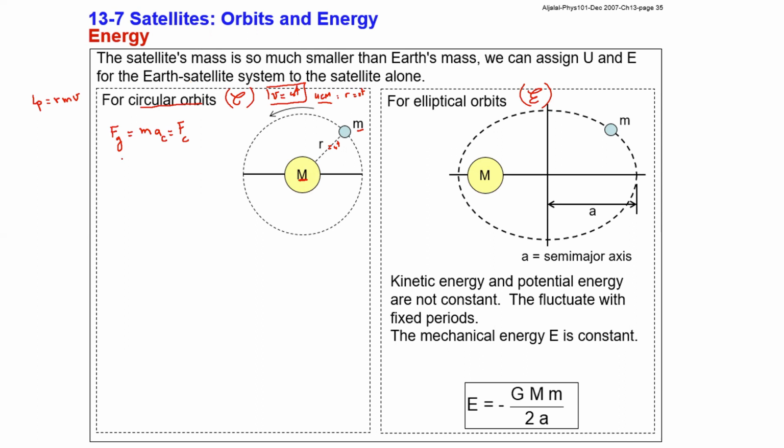So the gravitational force, G M m divided by r squared, is equal to the centripetal force, m times v squared over r. If I simplify by m and by r, I get v squared equals G M divided by r. And this is what I call the orbital speed.